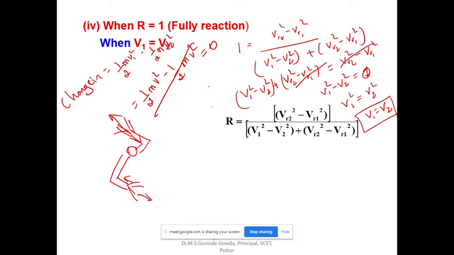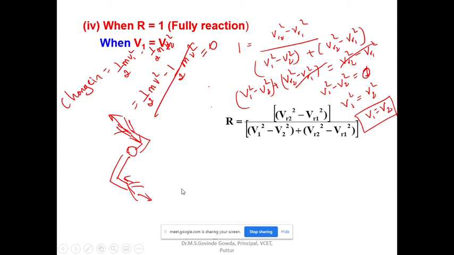Yes, sir. So therefore it is very difficult to construct the fully reaction turbine, because we have to construct it without changing its kinetic energy. Without the spent of kinetic energy, we have to construct a turbine. So do you think it is feasible? Can we achieve this?